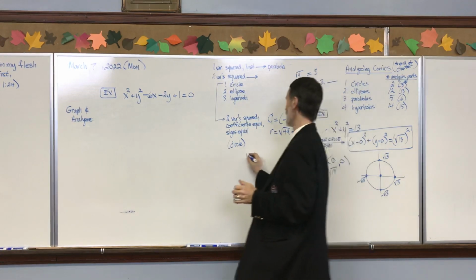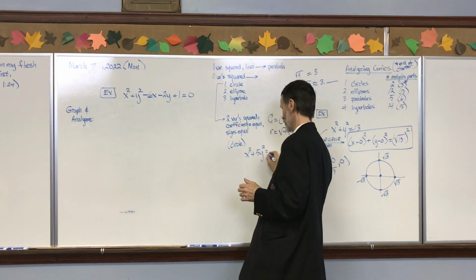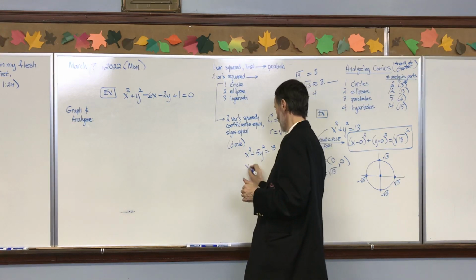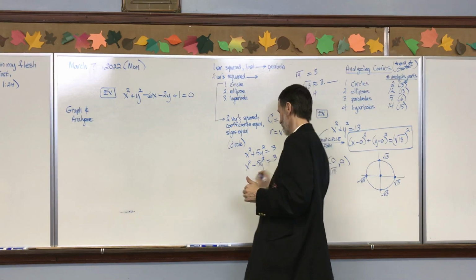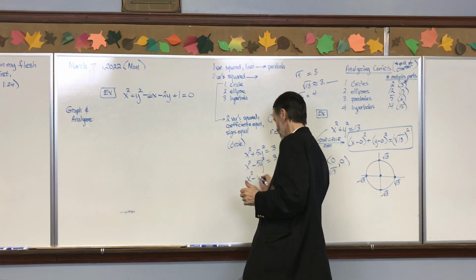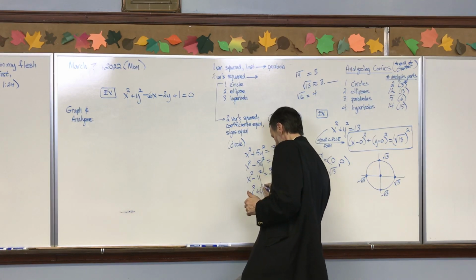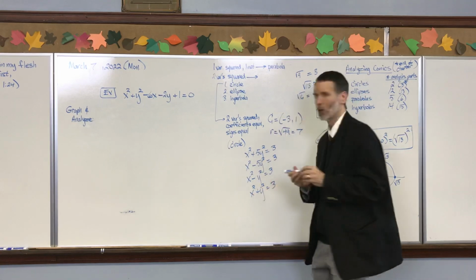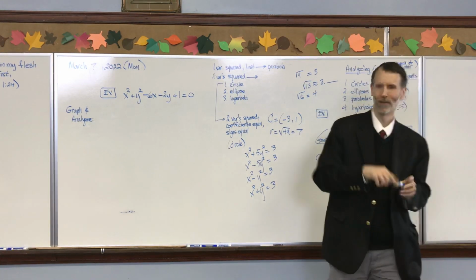In other words, if I gave you this, x squared plus 5y squared equals 3. X squared minus 5y squared equals 3. X squared minus y squared equals 3. X squared plus y squared equals 3. One of those four is a circle. Which one? Go.